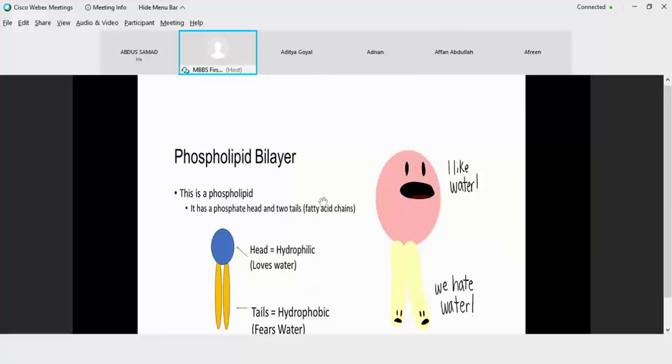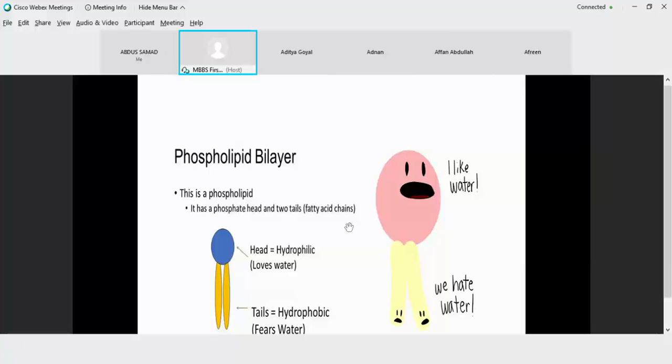Now this is how it is represented in a membrane. When a round head is drawn with a single yellow chain, that is a fatty acid. If you are representing a round head and two chains, this indicates a polar head and two fatty chains. So this is how we start making a membrane from the class. When we are discussing a cell, we are primed to form a circle with two chains.